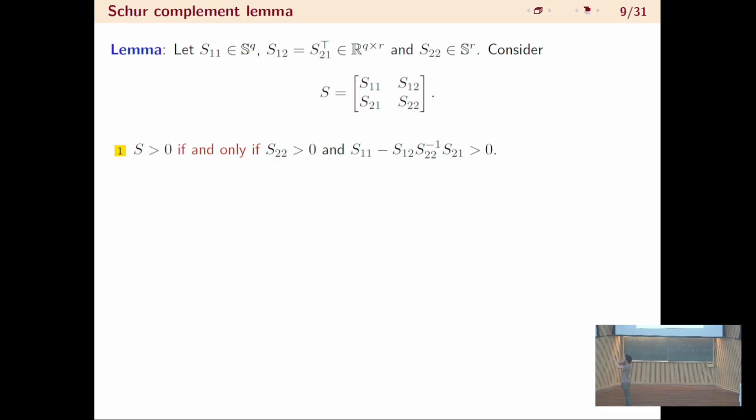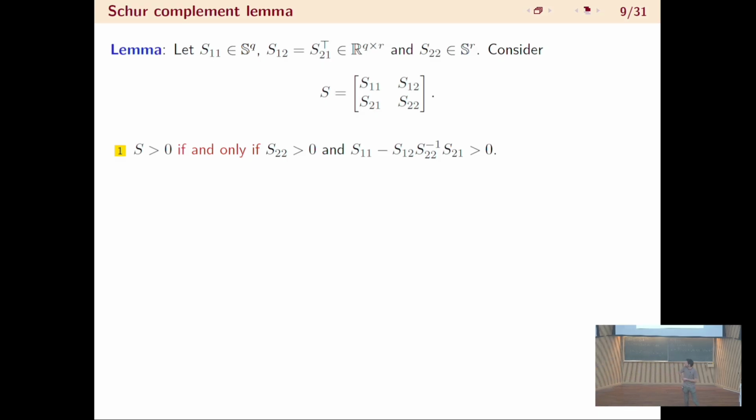So we look at this partition matrix and we go clockwise. So the Schur complement is S11 minus S12 times S22 inverse times S21. That's the Schur complement, right? And the statement is, well, this matrix S is positive definite if and only if S22 is positive definite and the Schur complement is positive definite. So essentially you break up the positive definiteness of this matrix S in terms of positive definiteness of two smaller matrices. That's the point.